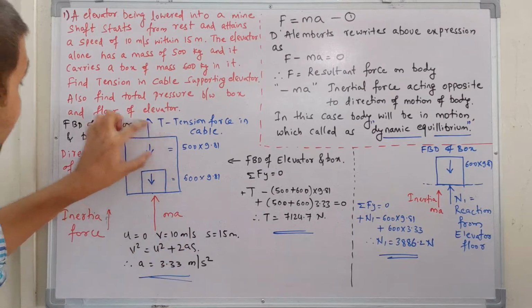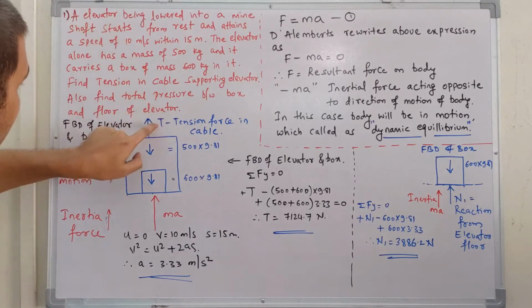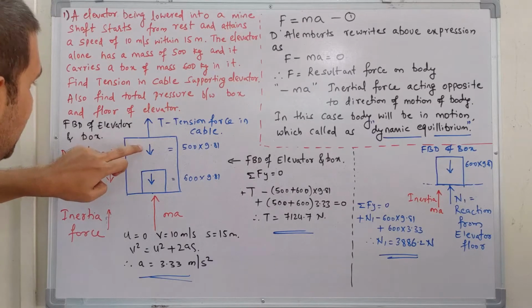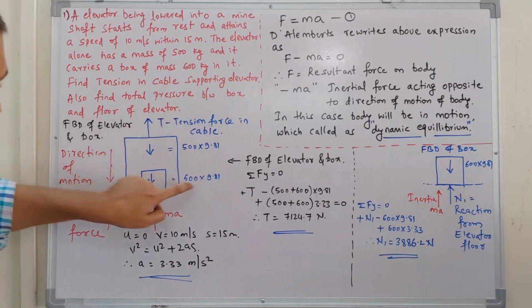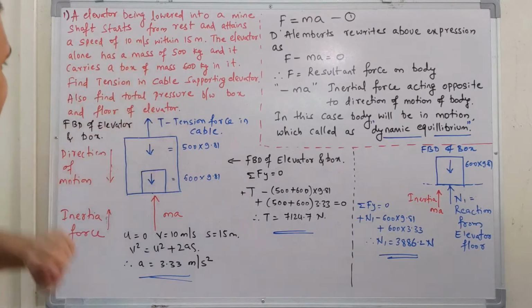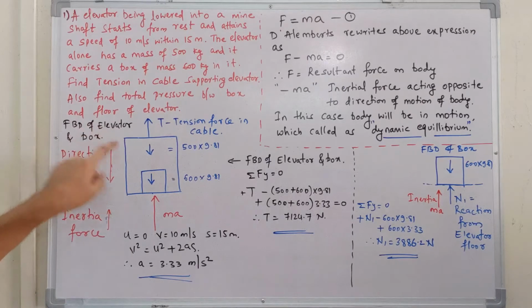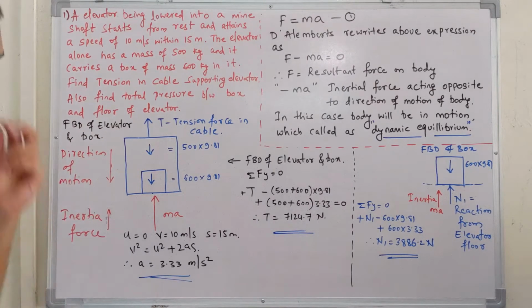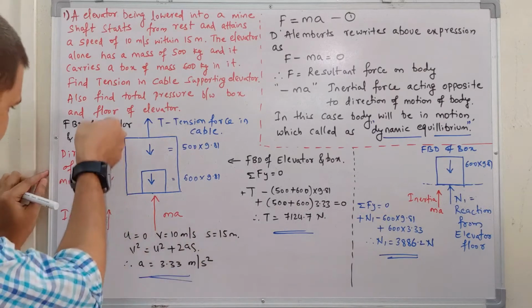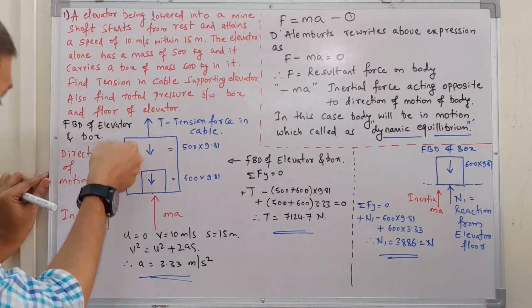It is held by a cable which will try to lift up or hold, represented by a tensile force T, and the self weight of the elevator is 500 kg acting downward, and the weight of the box, which is 600 kg, is again acting downward. Now this represents the free body diagram of elevator along with the box. This is the direction of motion. Downward is the direction of motion of the elevator.